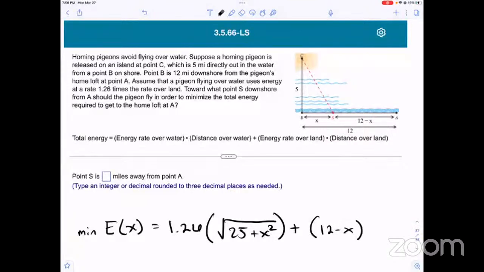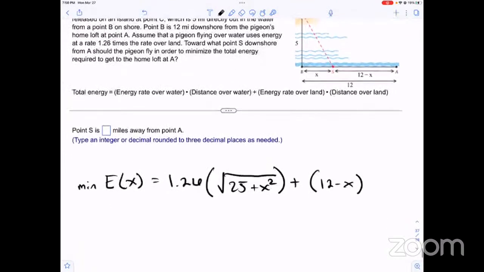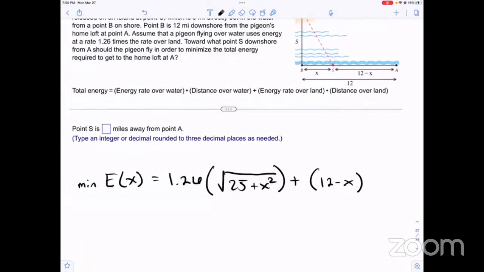I think we're okay so far. If our energy function is correct, we do have it in terms of x alone. So we want to minimize by taking the derivative. Then E prime: this 1.26 persists.